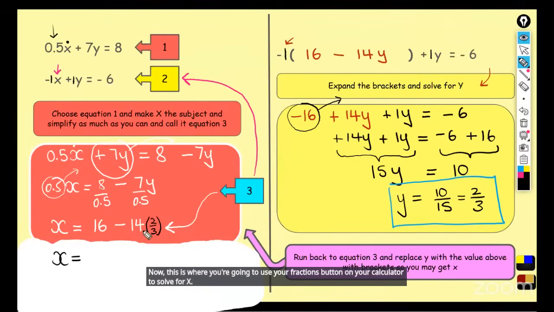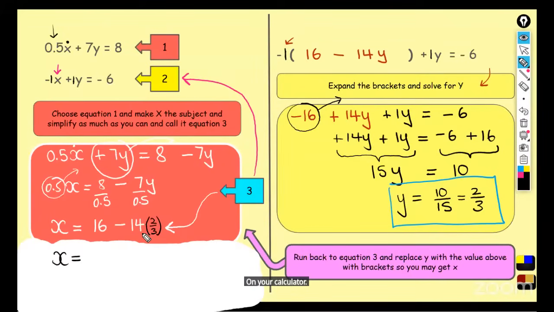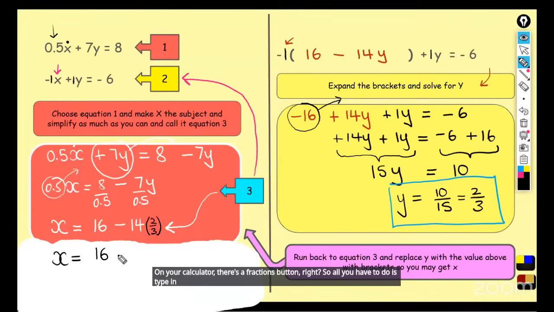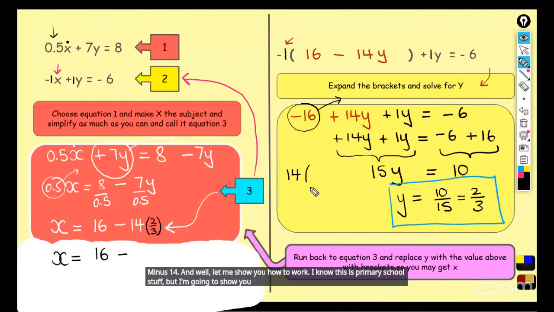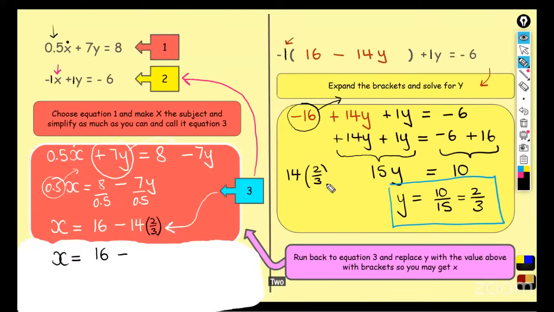Now, this is where you're going to use the fractions button on your calculator to solve for x. All you have to do is type in 16 minus 14 times 2/3. I know this is primary school stuff, but this is really 14 multiplied by 2/3.